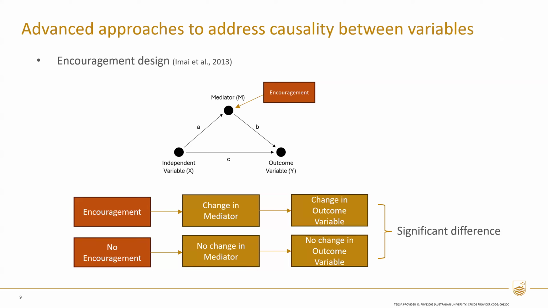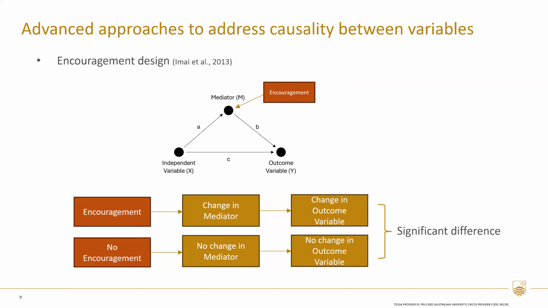In this encouragement design, we have two conditions. In the encouragement condition, there is an intervention on this mediator, and thus we expect that there should be a change in the mediator. And in the no encouragement condition, there should be no change in the mediator, given that there is no intervention.